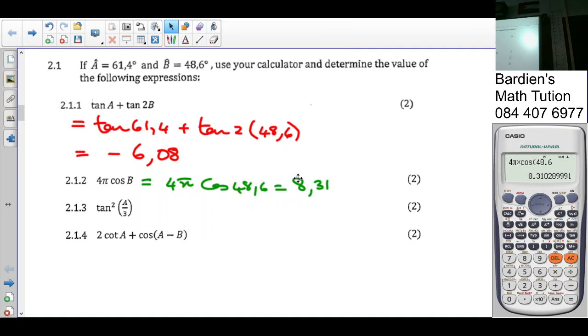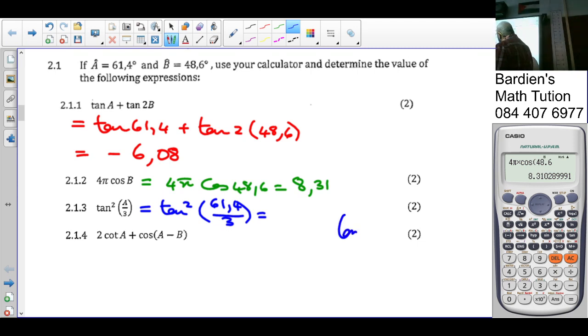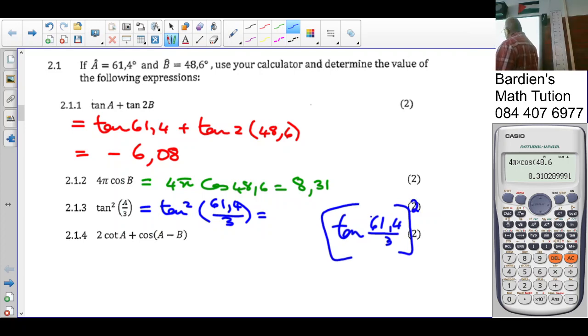Next one, we've got tan squared. So it's tan squared A, which is 61,4 over 3. When you put this in the calculator, remember that is actually tan of 61,4 over 3, all squared. That's basically the shorthand of what is written here.